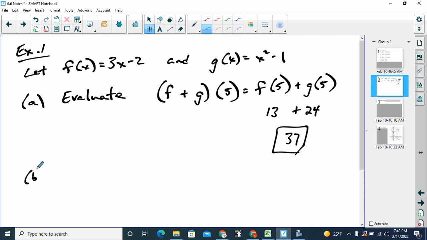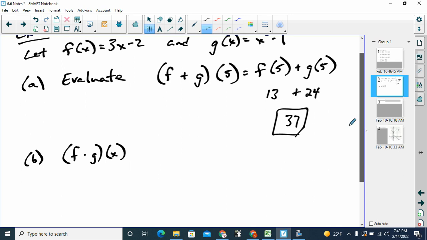Part B, we are also asked to evaluate, same directions, but this time it is f times g of x. So in part A, we were given a specific x value to plug in. Here we are just asked to multiply f of x and g of x. Remember, f times g of x is the same thing as f of x times g of x. Well, f of x is equal to 3x minus 2.